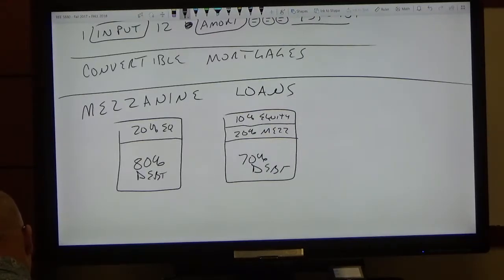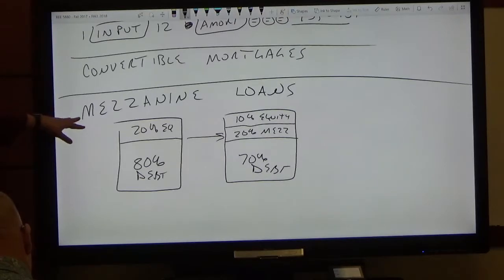So the mezz piece is simply a middle piece, okay? It can sort of be debt, it can sort of be equity. It's kind of a hybrid piece, and the terminology I used in my explanation previously was that it's kind of like preferred equity, in the sense of finance talk, okay?